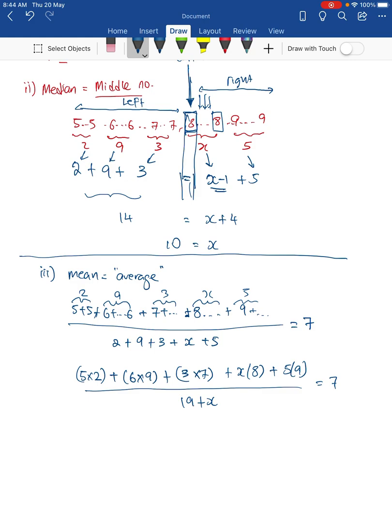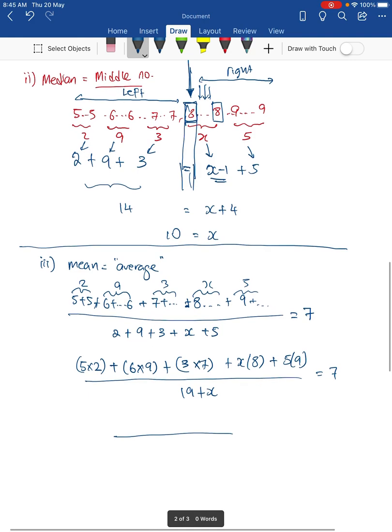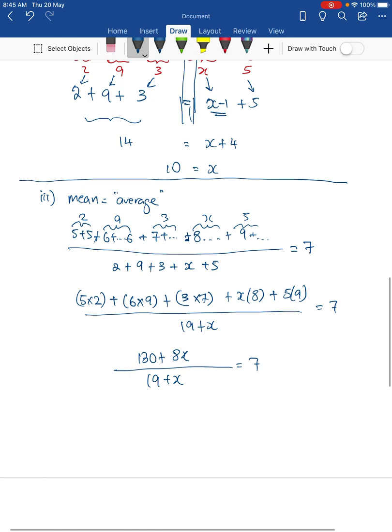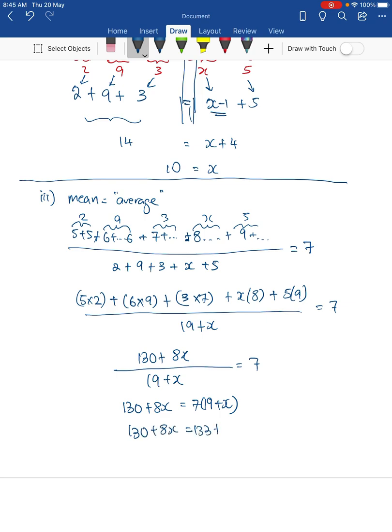On top we simplify with the calculator, which gives 130 plus 8x over 19 plus x equals 7. The next thing we need to do is cross multiply and solve it. So 7 times 19 plus x gives us 133 plus 7x, and therefore x will be equal to 3.